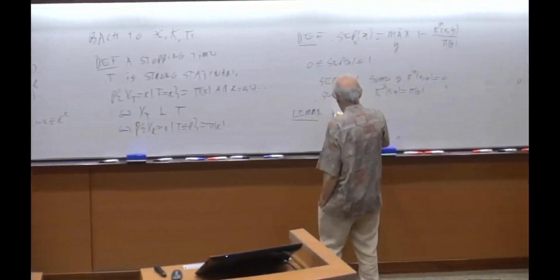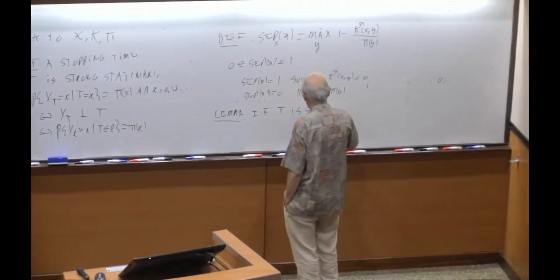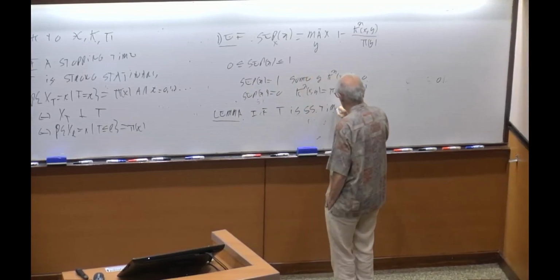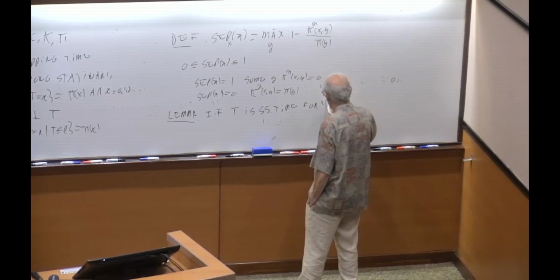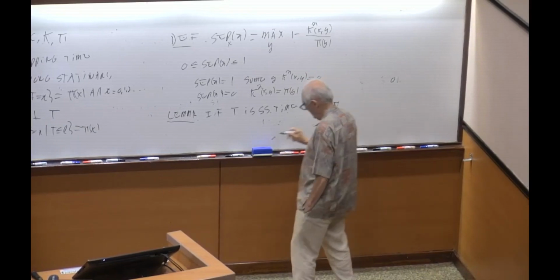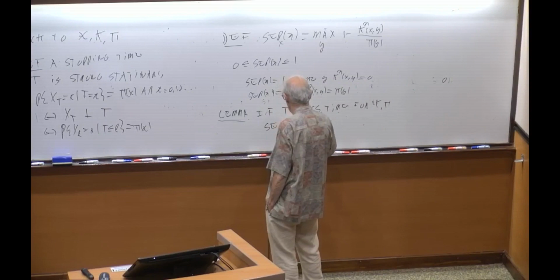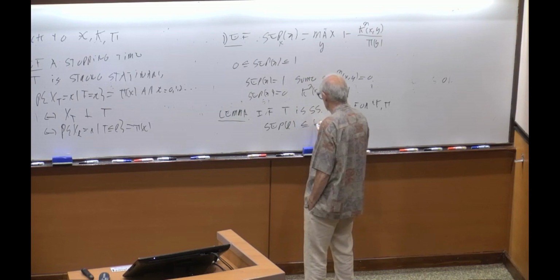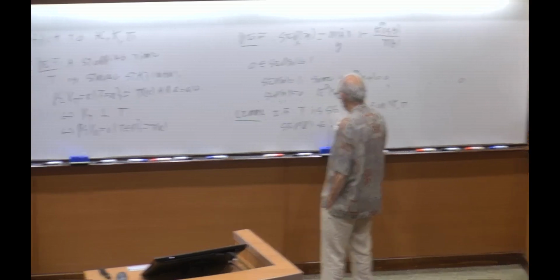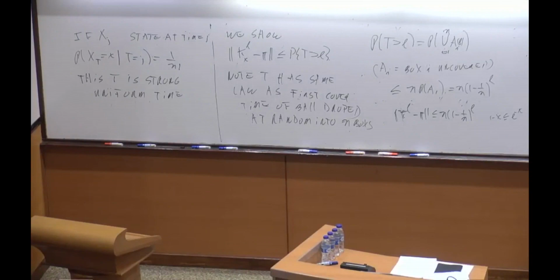Lemma: if T is a strong stationary time for K, pi, then sep_L is less than or equal to the probability that T is bigger than L.